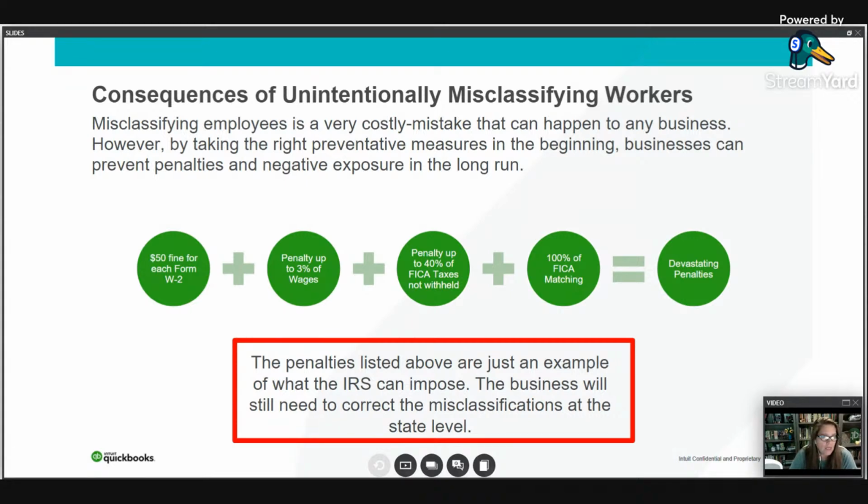Another way is when a worker classified as a contractor files for unemployment, or they're injured while working or driving for work and try to file a workers' comp claim. So those are, I think, the most common.